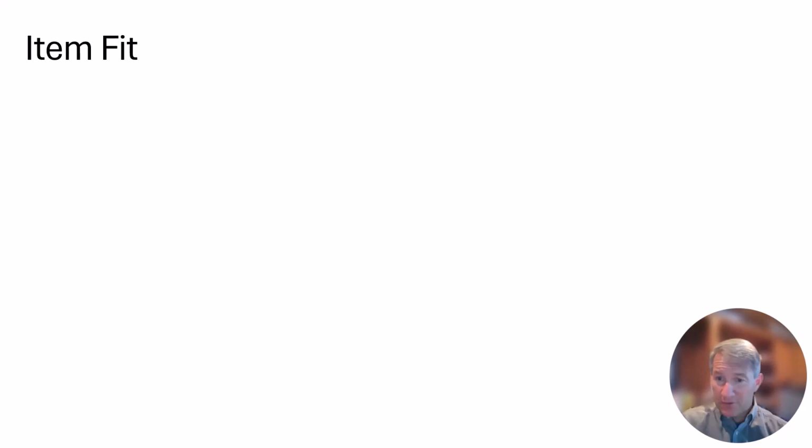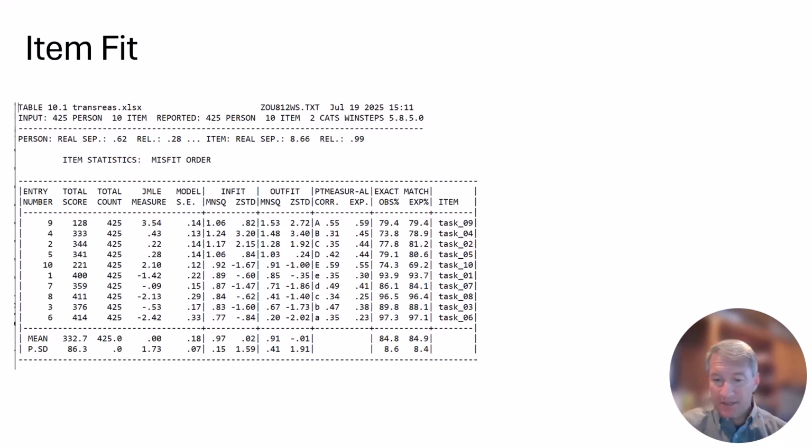Now that we have a little bit more information about how to interpret fit statistics, let's look at the fit statistics for the 10-item trans-res measure that we ran the analysis on a few slides ago. In particular, I want to look at output table 10.1. And the nice thing about this table is it puts the items or the tasks in order of misfit.